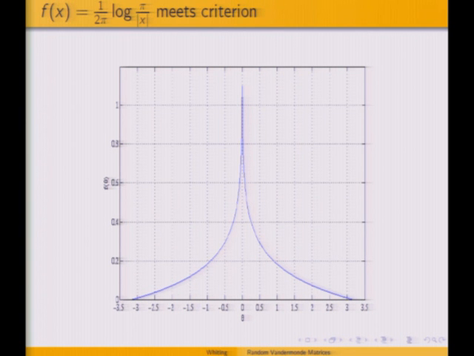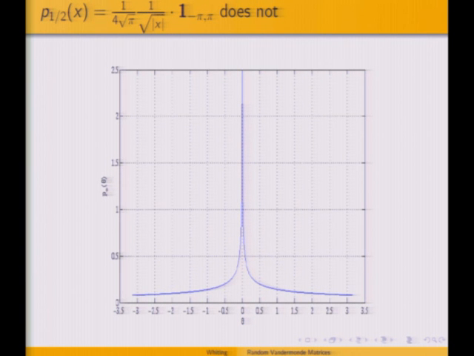Because of that fact, we can show by looking at integrals and various other things that the moment limits exist again. So there are examples of densities which are not bounded, but for which the limit distribution can be shown to exist.